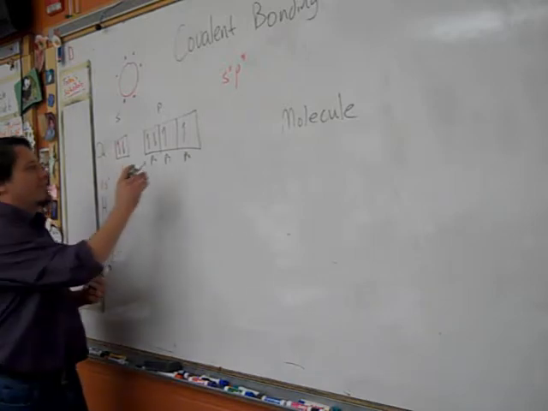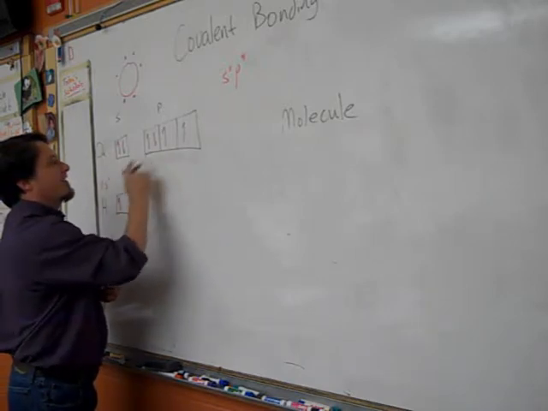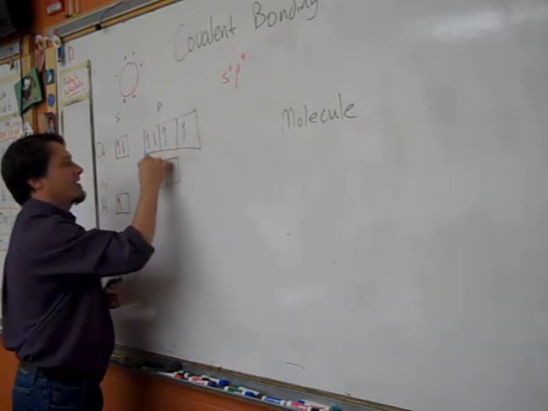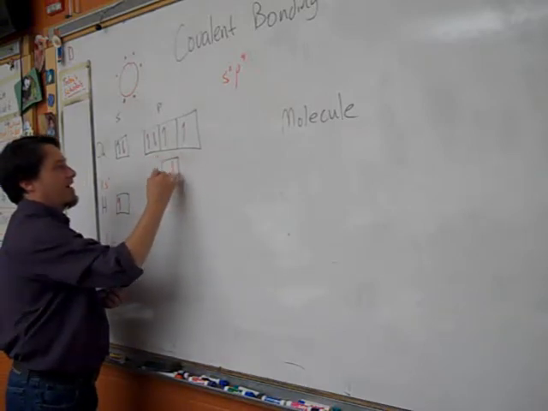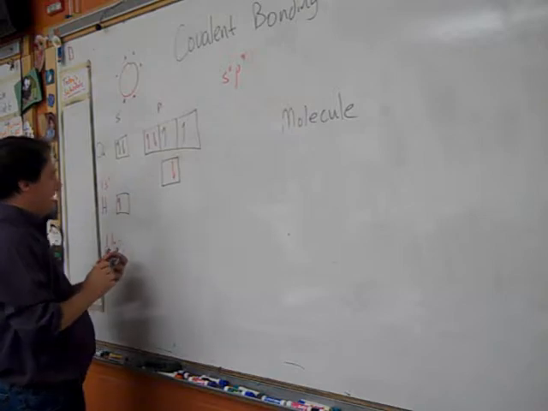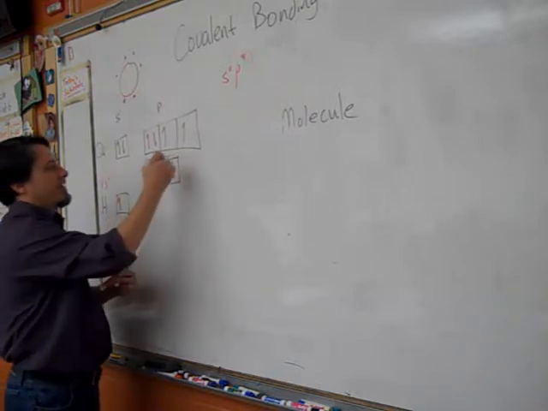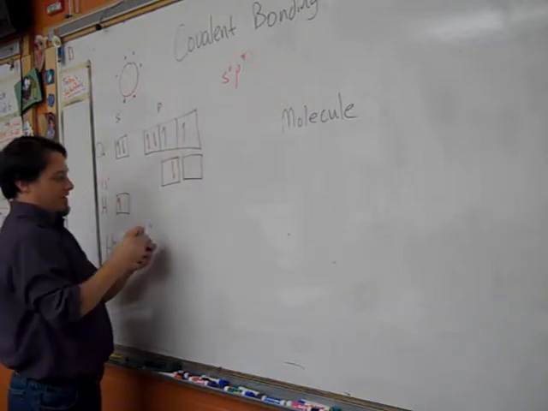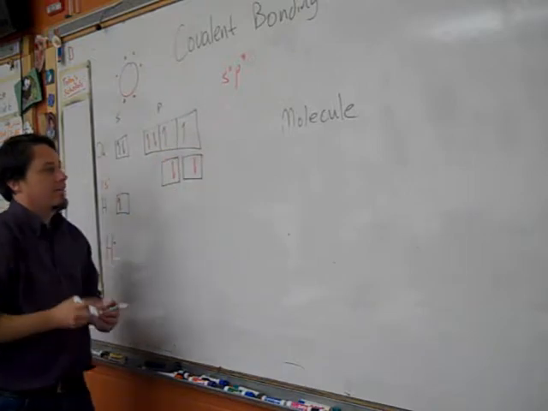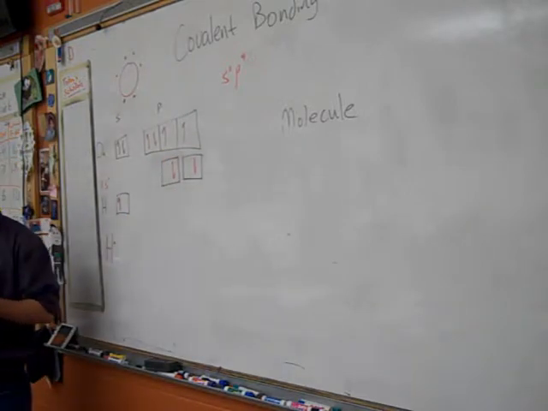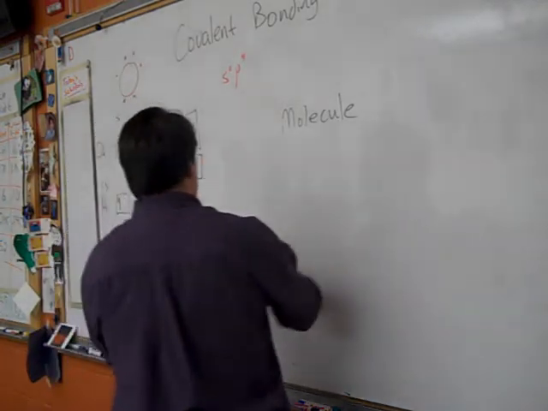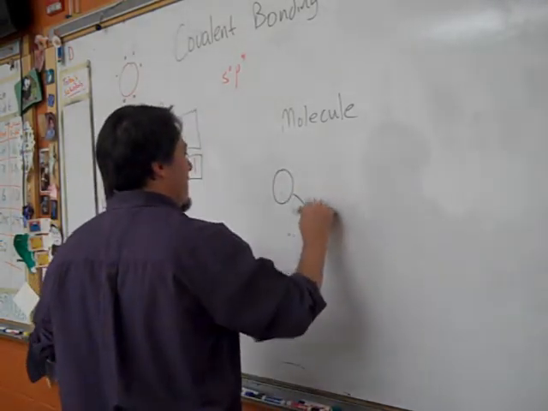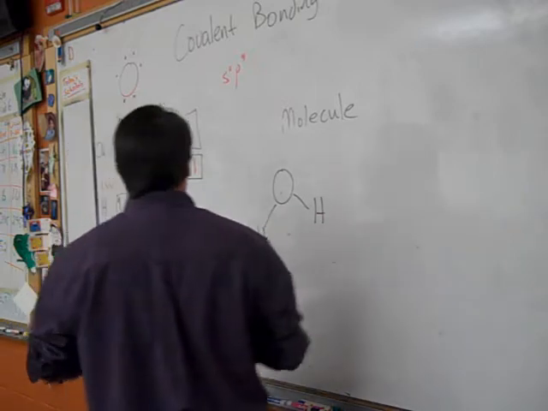Hydrogen is going to pull up here, and it's going to share. And here's the other hydrogen. It's going to pull up here, and it's going to share. Wait, there's 2 hydrogens? Well, right. Remember, that's what we had before. Remember, we had oxygen with the 2 hydrogens attached to it.